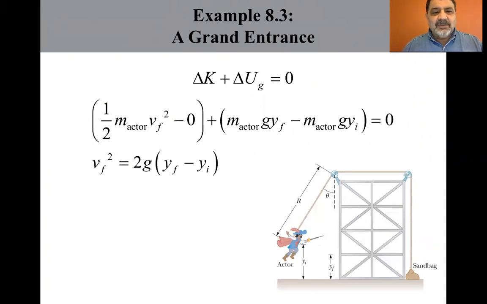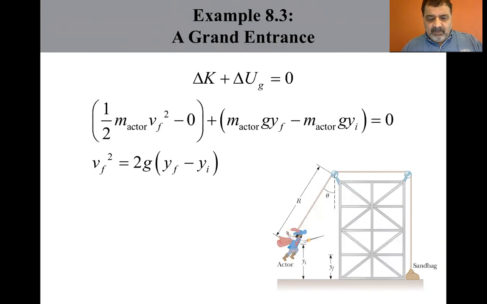Well, the mass cancels in all of this. If you subtract the m g y final and minus m g y initial to the other side, and then divide by 2 over m to isolate the v squared, you get 2g times y final minus y initial.